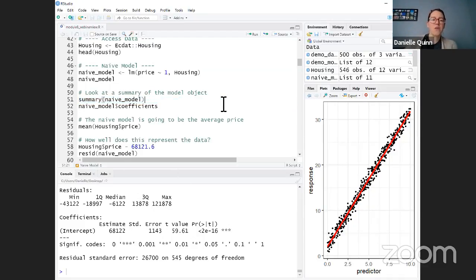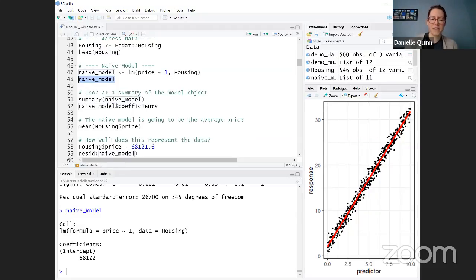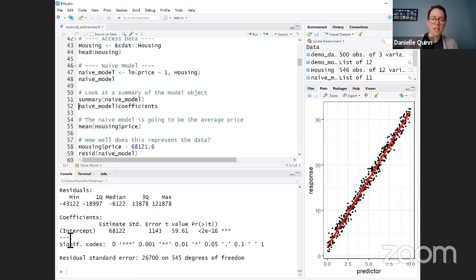Another way that you can pull out the coefficients, remember you can look at the model object and that will tell you the coefficients. You could look at a summary of the model object, which would tell you the coefficients with a lot more detail. You can also say in the naive model object, there's a component or a piece of that object called coefficients.